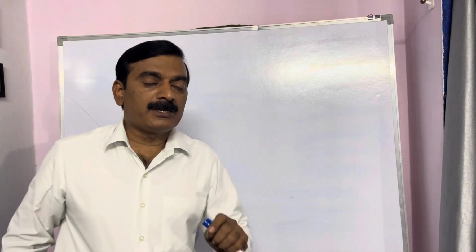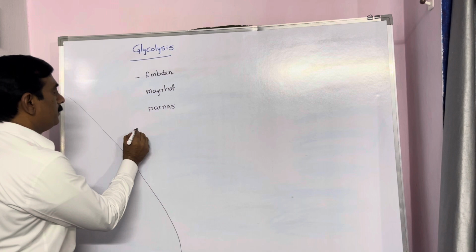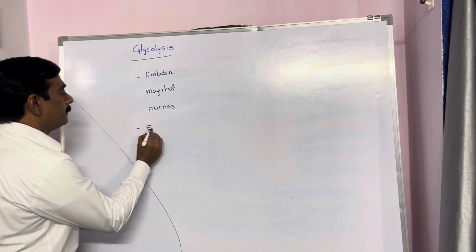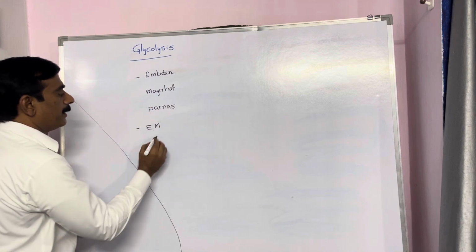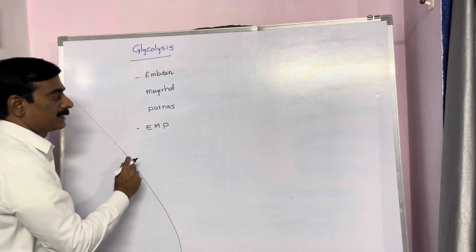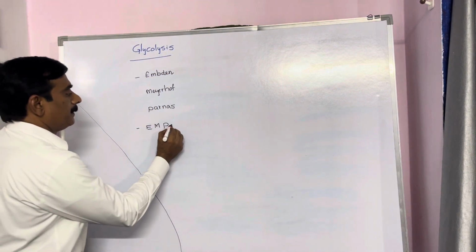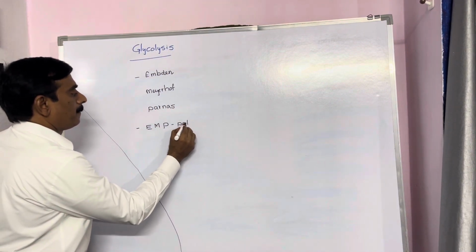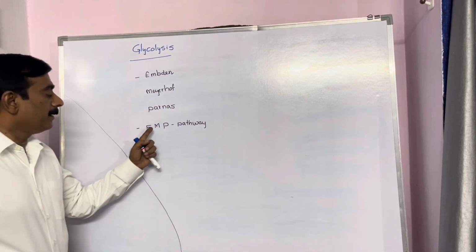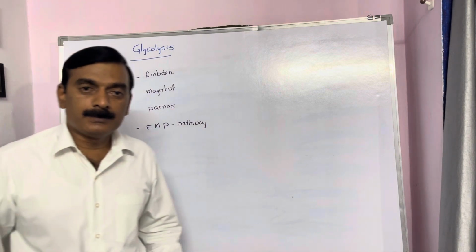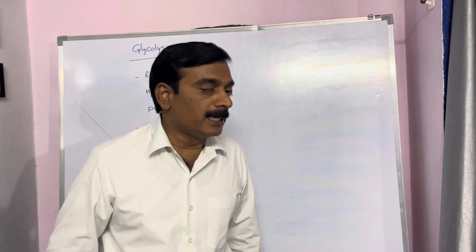If we take the first letters of those three names, E for Embden, M for Meyerhof, P for Parnas, the glycolysis pathway is also called the EMP pathway. Now we are going to discuss glycolysis in a detailed manner.